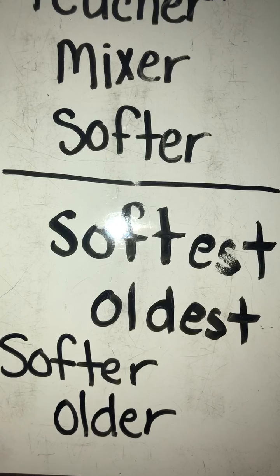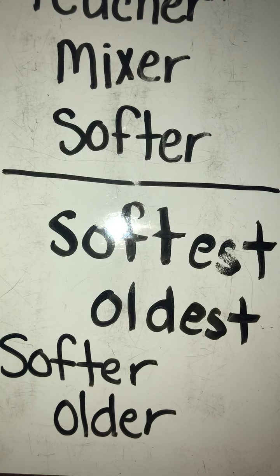With the words softer and older, ER is being used to compare two things and show which one is more of something. Either something is softer than the other, or it's more old, like I am older than you.